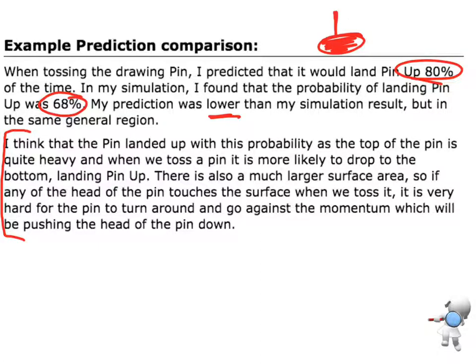I've talked about the fact that it's quite heavy and therefore more likely to drop onto the bottom, landing with the pin pointing up. Also, we could look at that idea of surface area, and surface area and momentum and how that can affect it. So I'm giving some reasoning, comparing it and explaining why this might be.